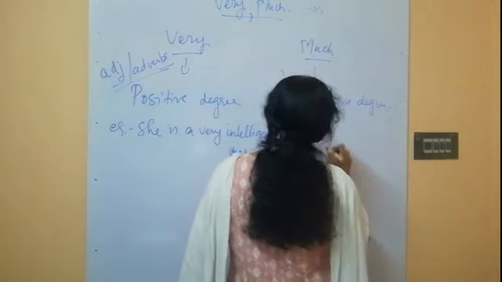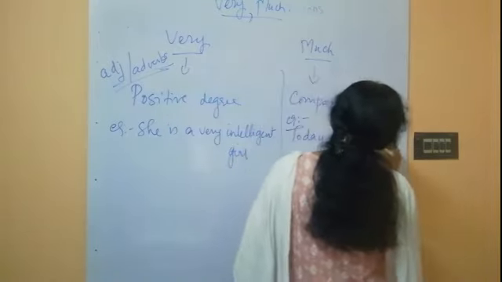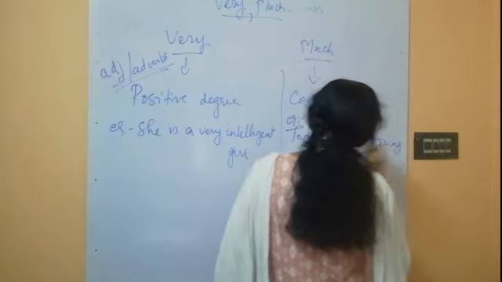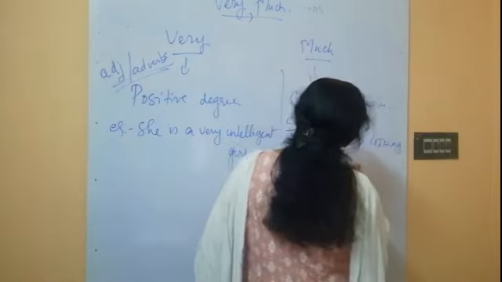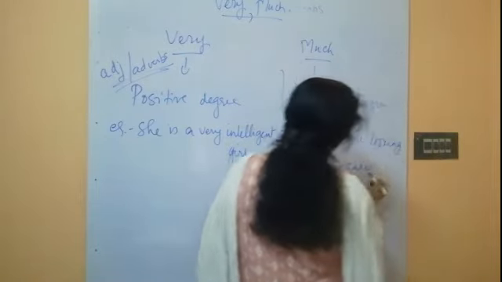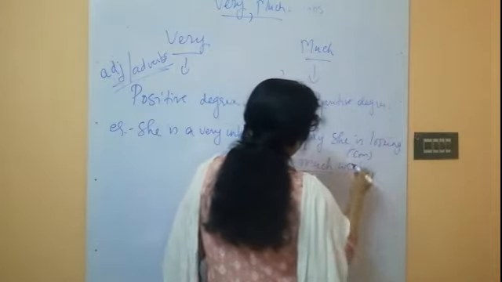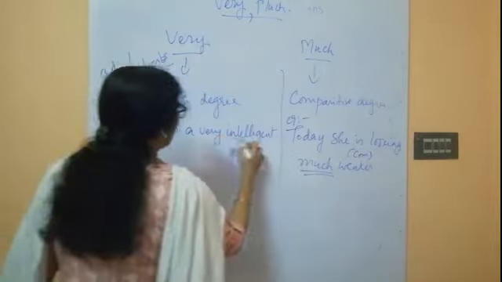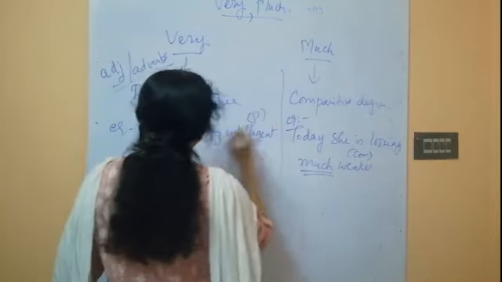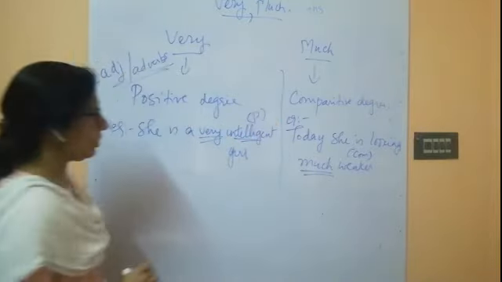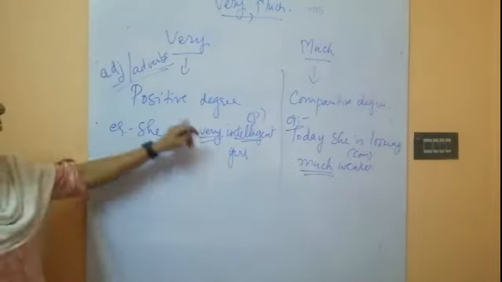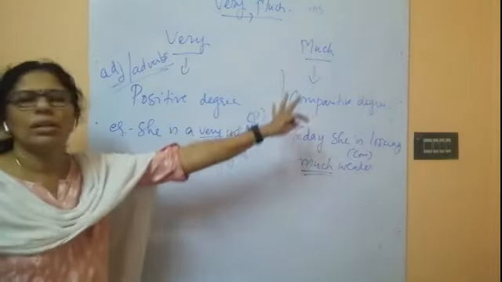We know that weaker means comparative degree, so much is used. Here intelligent is positive degree, so very is used. Understood? So very for positive degree and much for comparative degree.